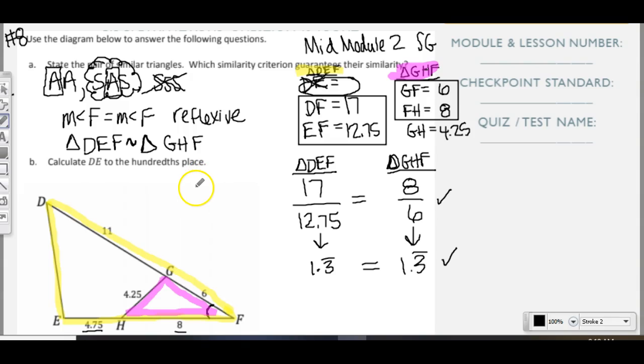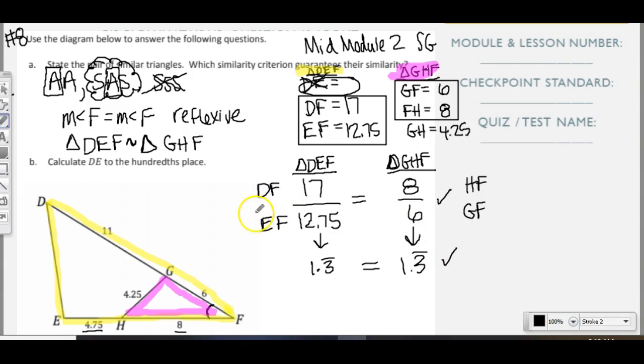Let's check DE and GH. The 17 came from side DF, right? And the 12.75 came from the side EF. The 8 came from the side HF, while the 6 came from the side GF.